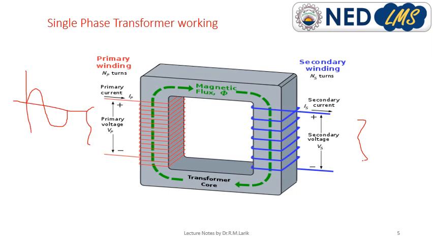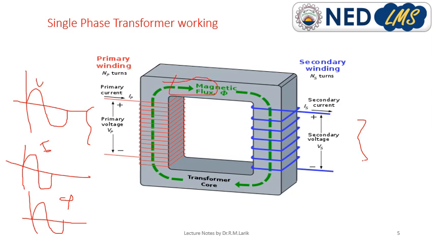Due to the AC supply, AC current will flow in the windings of the primary, so the nature of the current is also AC, and AC flux will be generated. AC means variable quantities. So the magnetic flux, see the green lines, is generated due to the sinusoidal current, and the final result is sinusoidal flux.